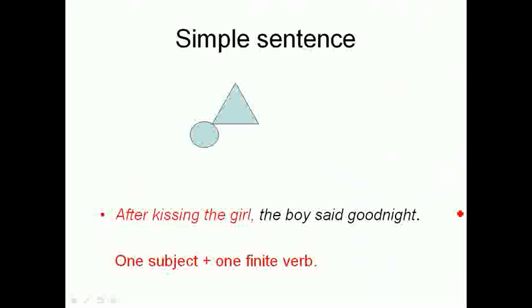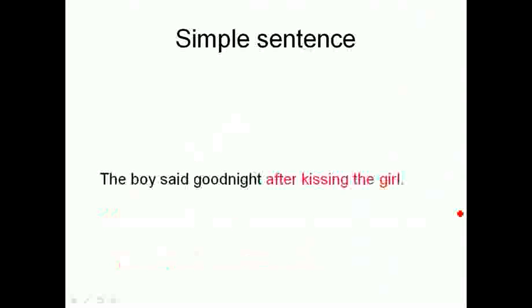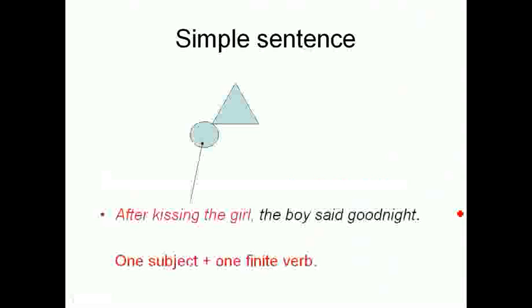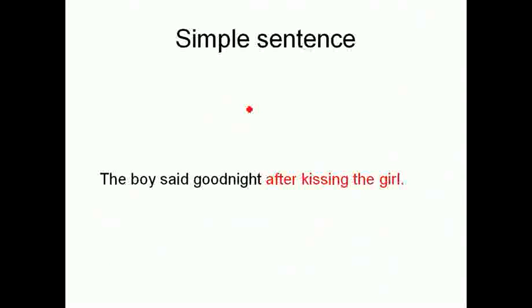Now this is also a simple sentence, even though there's a non-finite clause there. And you could symbolize it like this. There's one subject, one finite verb, and there's the non-finite verb. And then you have the boy said good night, is this triangle there.